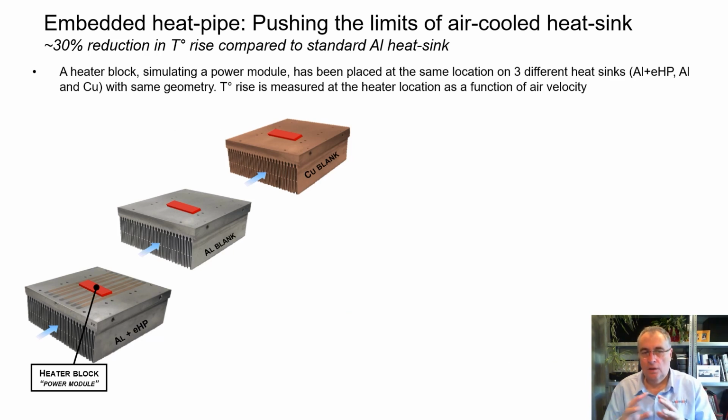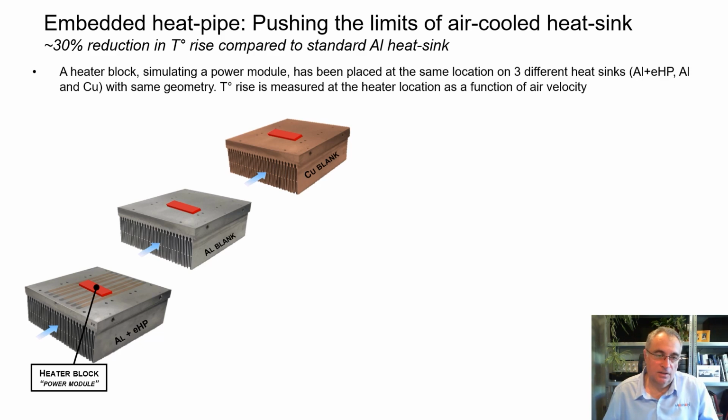So what we've done with heat pipe, we have embedded heat pipe in a standard heat sink. As a reference, in the middle you can see the so-called aluminum blank heat sink, which is the very regular standard heat sink technology. On the top you have the exact same design but made out of copper, which by essence should exhibit much better thermal conductivity.